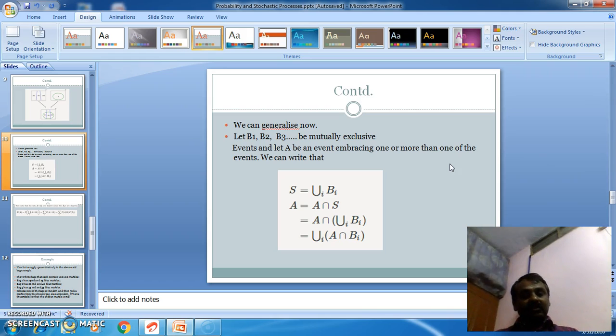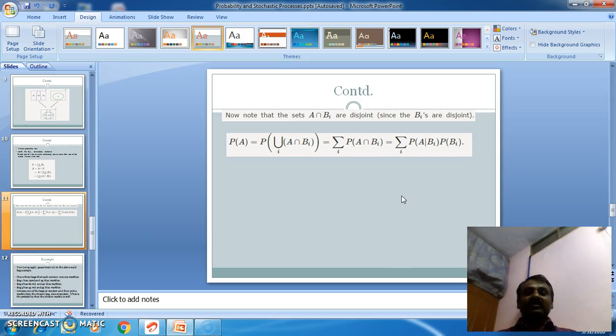We can write A is equal to A intersection S. So we can write this as A intersection the union of Bi's, which is also equal to the union of A intersection Bi.